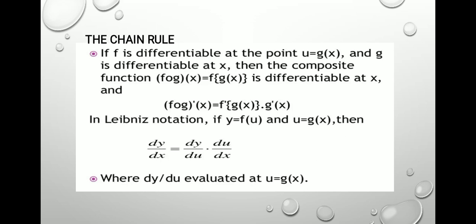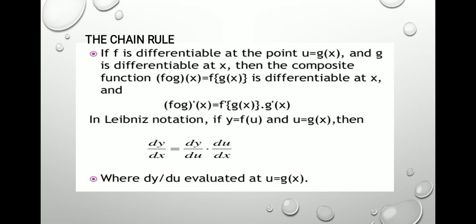If f is differentiable at the point u is equal to g of x and g is differentiable at x, then the composite function f composed with g of x is equal to f of g of x is differentiable at x, and the derivative of f composed with g at x is equal to f prime of g of x times g prime of x.